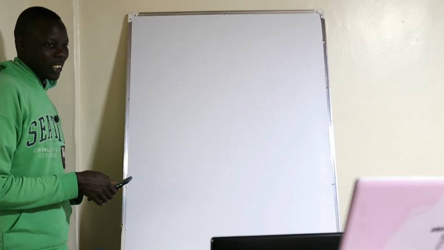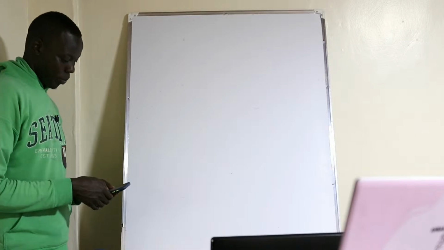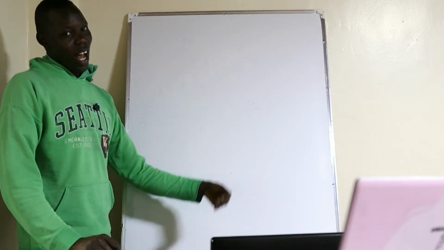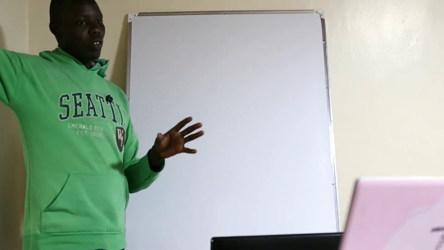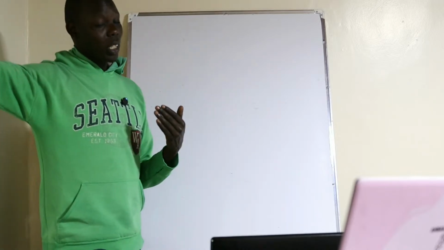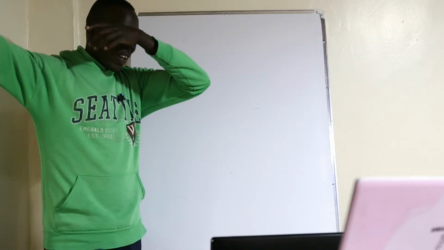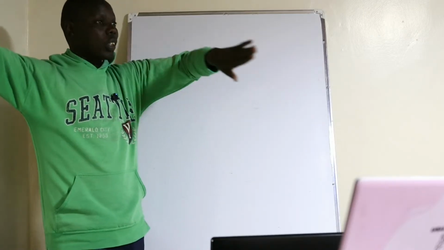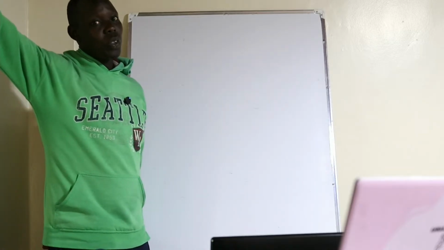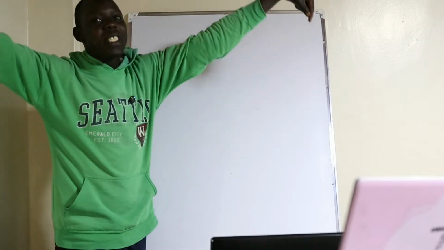Now, let's look at this. The reduction property of carbon. What does this mean? Can carbon reduce another compound? For those who have not reached Form 4, the kind of reduction I'm talking about is the reduction of oxygen. But once we are in Form 4, the kind of reduction we will be talking about, apart from the oxygen one, is about the gaining and losing of electrons. When oxygen is taken from a substance, we say that substance or species has been reduced.